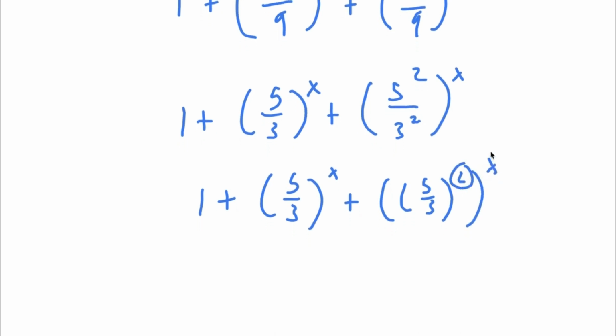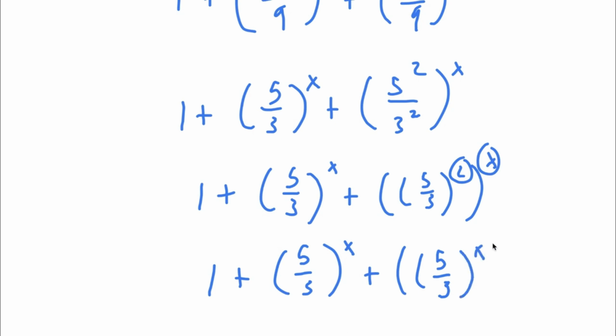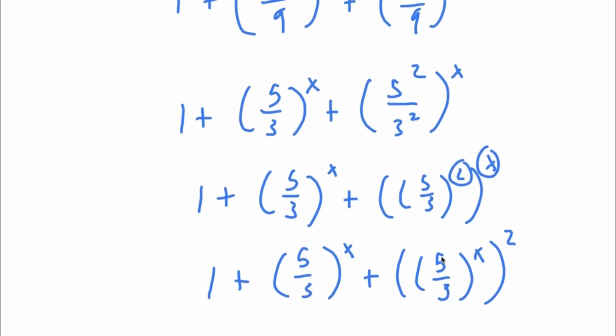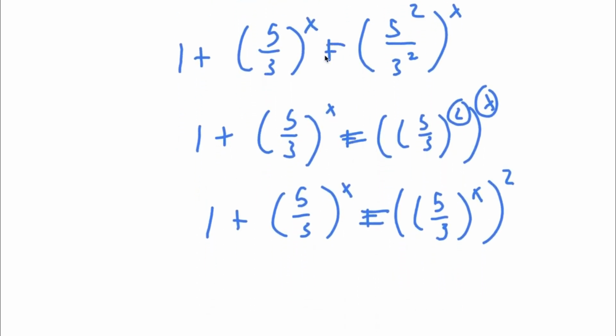And I can actually switch the places of these two. So now I'm going to have 1 plus (5 over 3) to the power of x equals ((5 over 3) to the power of x) to the power of 2. And sorry, this is an equal sign, not a plus sign.